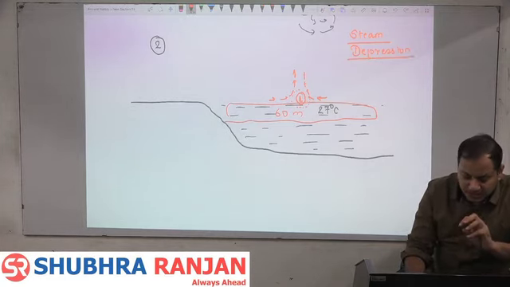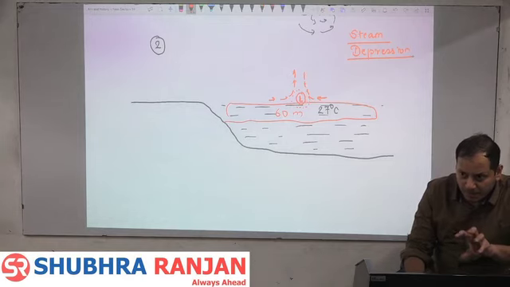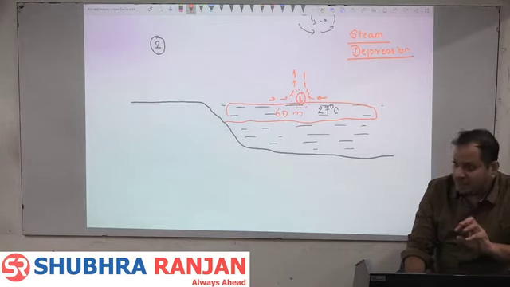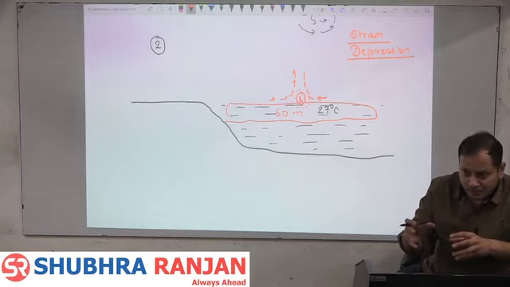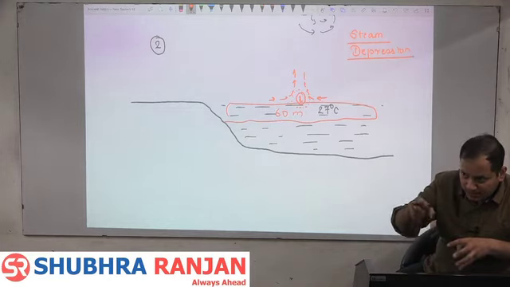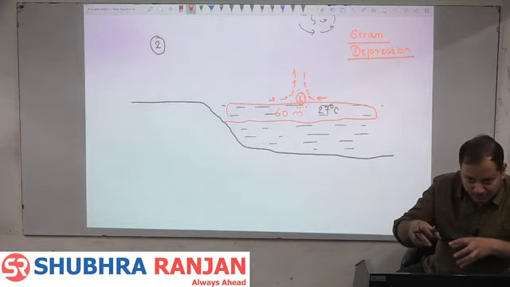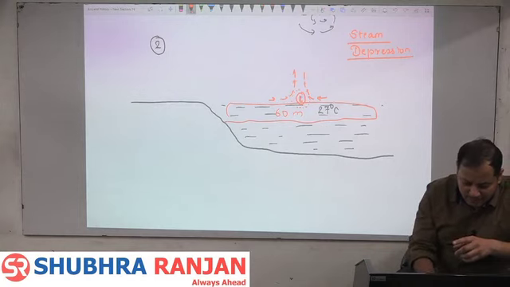If the depression stays over the sea, or if the depression develops far inside the sea and starts traveling more over the sea, it will gather more and more moist heat. Fine? And as a result, the low pressure center becomes very, very strong.